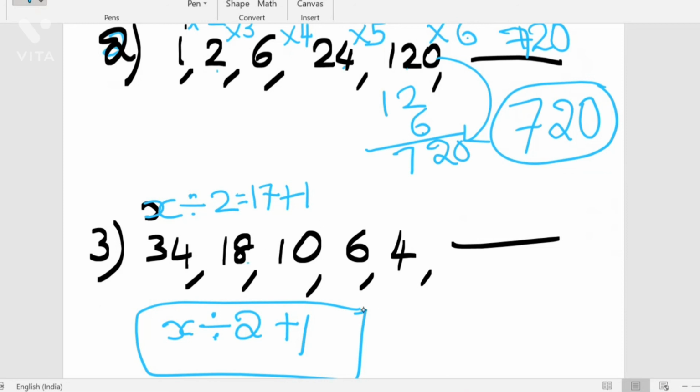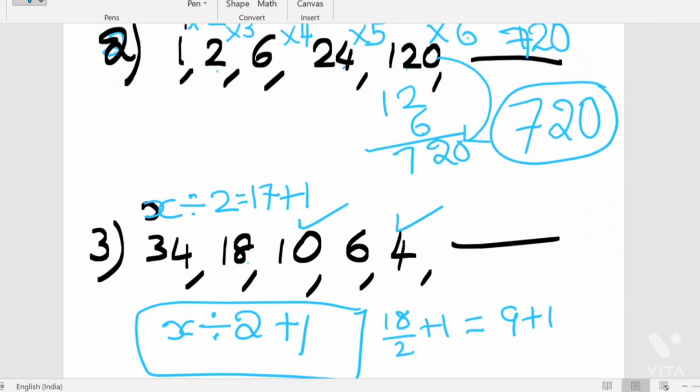Let us try for the other numbers. 18 by 2 plus 1: 9 plus 1, the answer is 10, correct. Next, 6: 6 by 2 is 3, 3 plus 1 is 4. We are getting the answer.